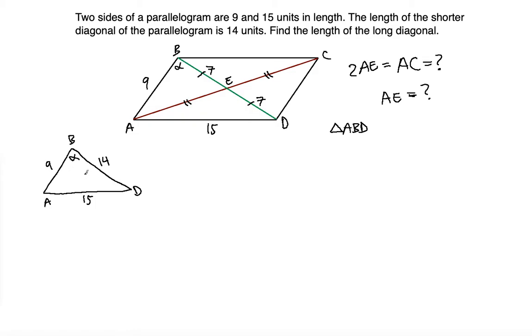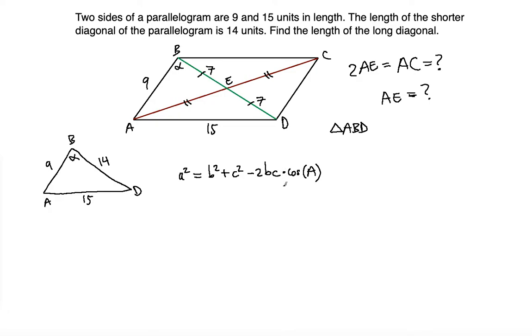Now with the law of cosines, you have to be careful how you substitute into the formula. The law of cosines states that a squared is equal to b squared plus c squared minus 2bc cosine of A. All of these three terms are multiplied together.